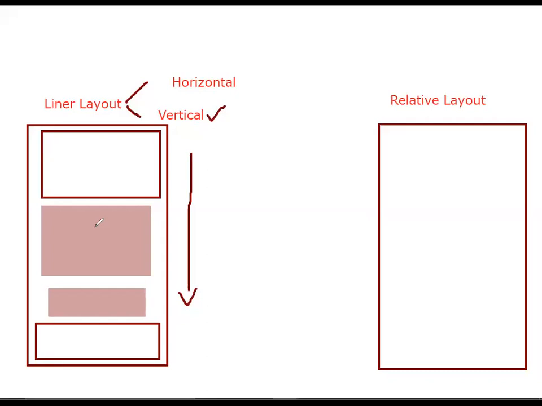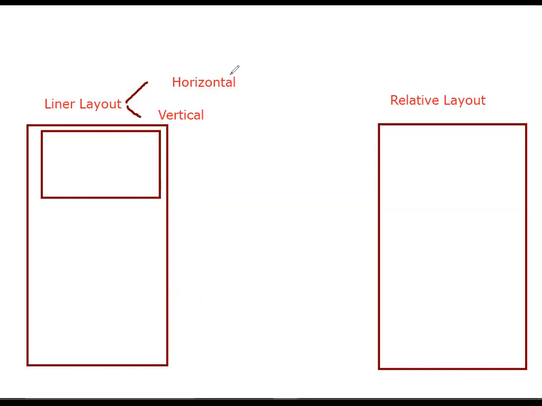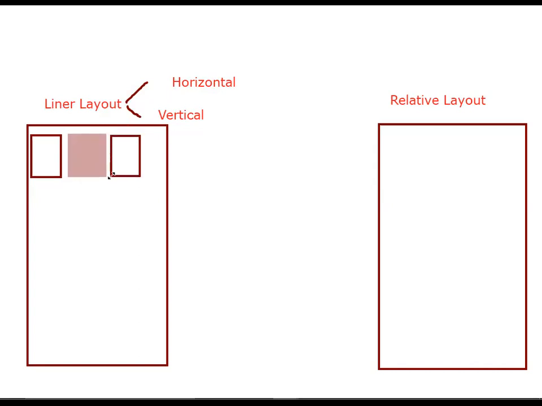What about horizontal linear layout? Horizontal linear layout will work something like this. You have an image, then you have a text, then another image and a text.